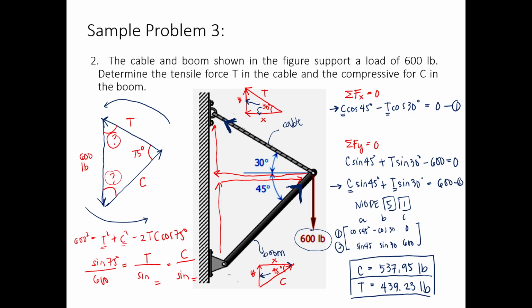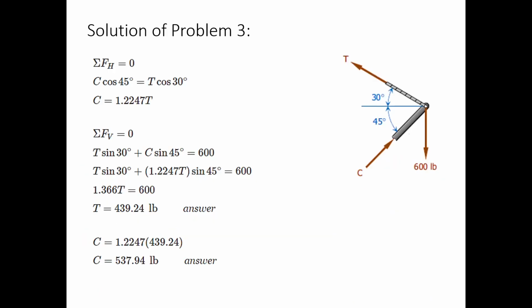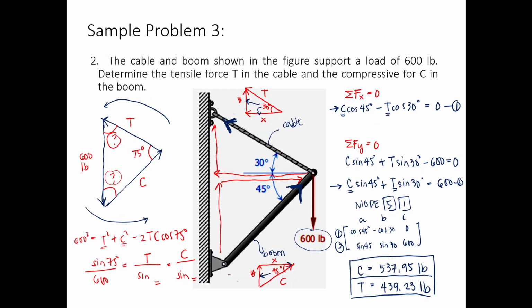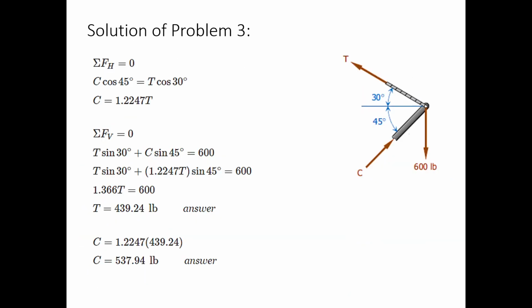But if you're confident with the advanced technique such as the sine law and cosine law, you may also do that particular solution as long as you get it and don't get confused by the advanced technique. So 439.24 and 537.94, it's the same, right? This is the solution coming from the book.